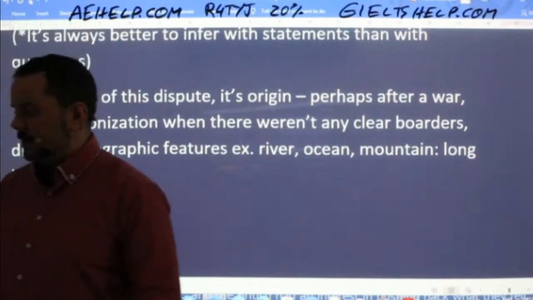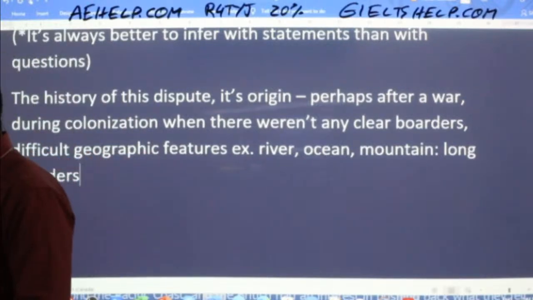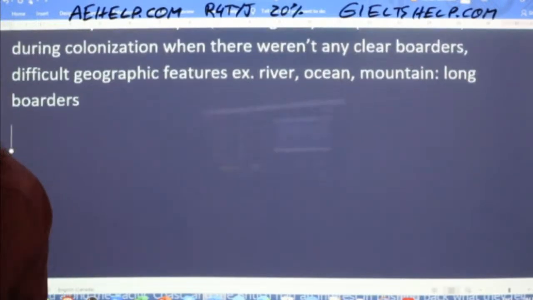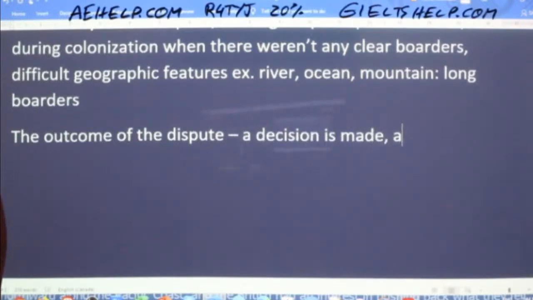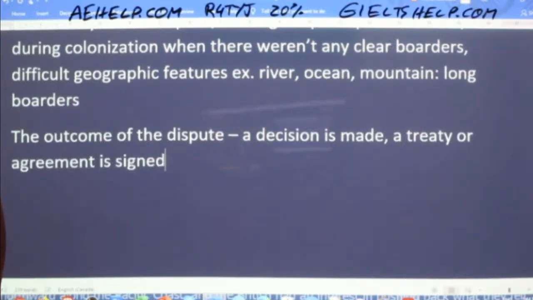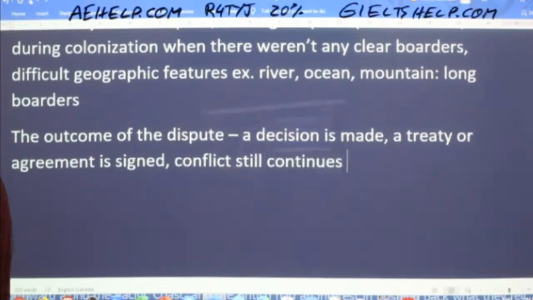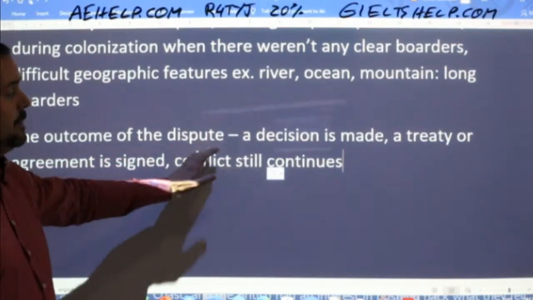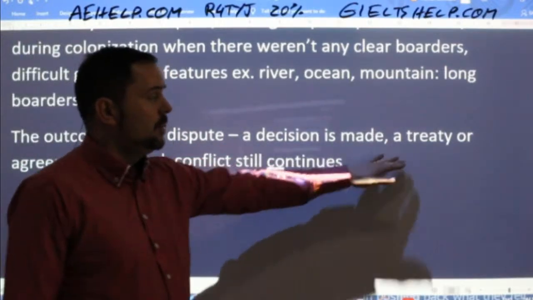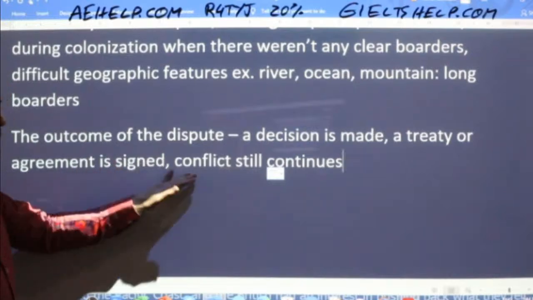All right, good. Okay, so this is the history of the dispute. The outcome of the dispute. Okay, so when I think about the outcome of this dispute, I think about, well, maybe a decision has been made or a treaty or an agreement has been signed by the two countries.